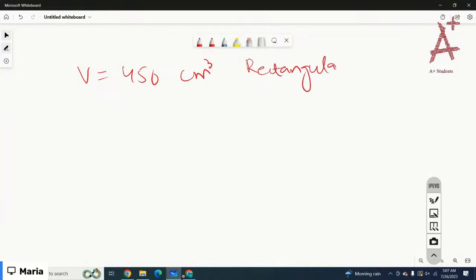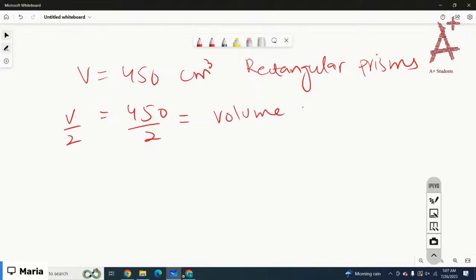So we have to calculate the volume of the triangular prism. Because you divided the rectangular prism into two triangular prisms, you have to divide it by 2. It would be 450 divided by 2, which is 225 centimeter cube. So the volume of the triangular prism is 225. Got it?